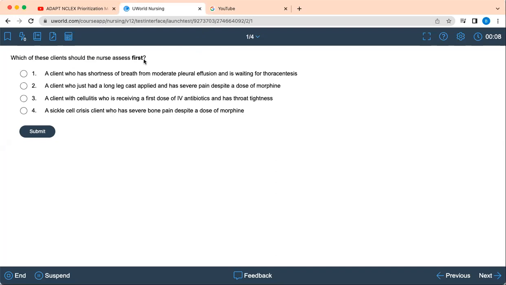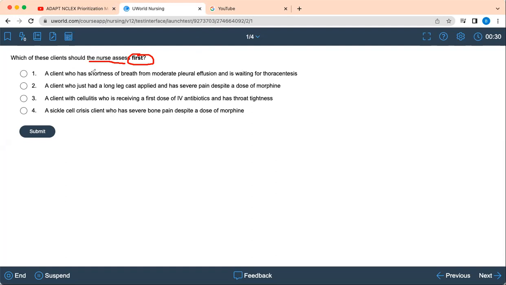Usually they will say first, which do you see next? So this is a priority question. Which client should the nurse assess first? So we have 4 patients. What I do is read it and see if it's an expected or a B sharp issue. If it's a B sharp issue, I pick it. If it's expected, I drop it and keep going down.